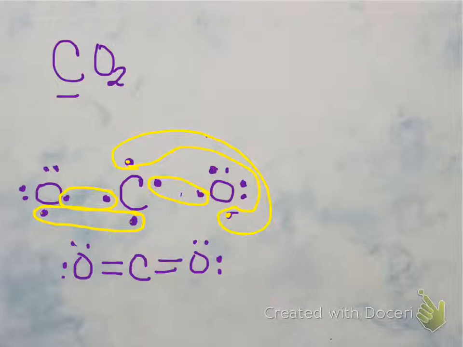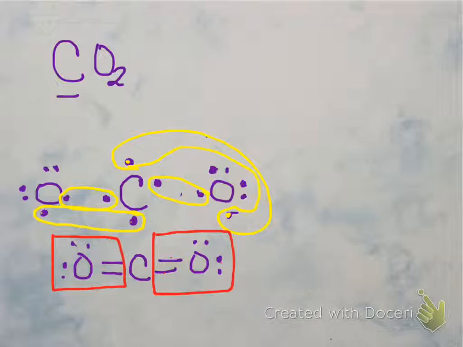Now let's check some things out. Remember we said that every atom wants 8 valence electrons. So let's draw a box around each. This oxygen has 2, 4, 6, 8 electrons once you count the ones it's sharing. This oxygen's the same. It's got 2, 4, 6, 8 valence electrons. So the oxygens are both completely happy and stable. What about the carbon?